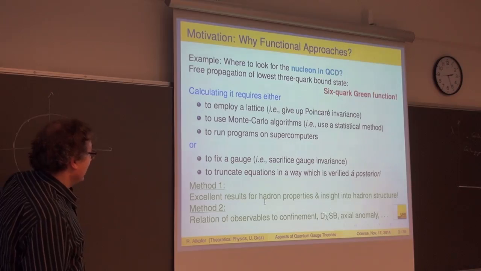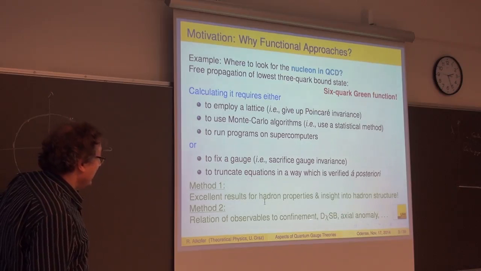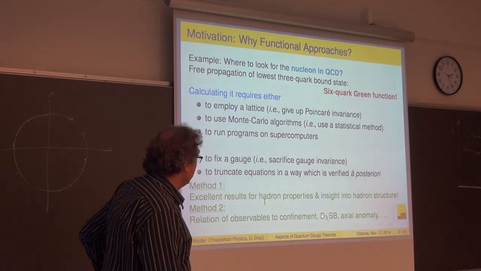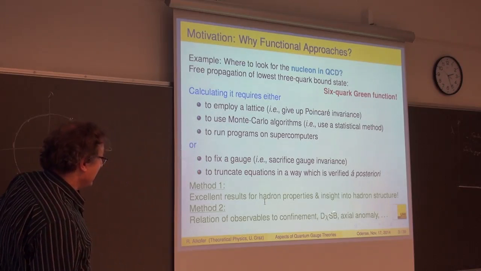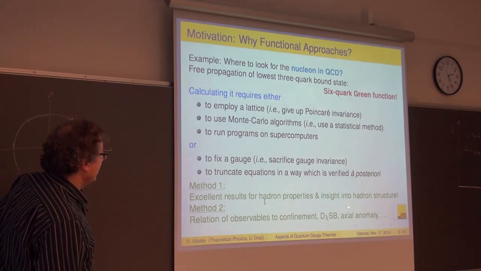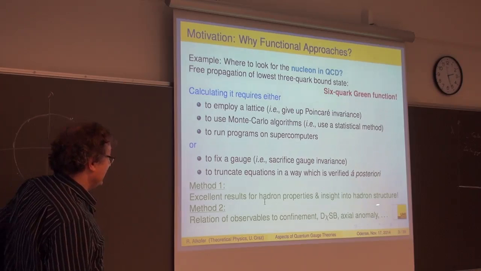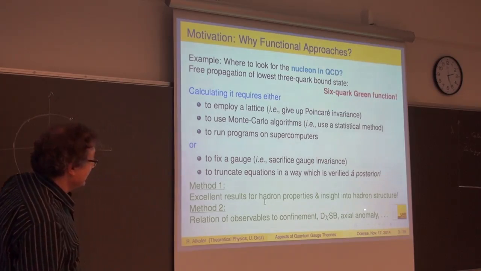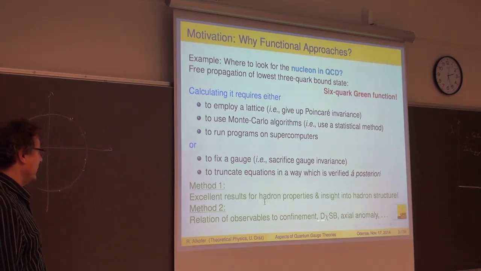You measure on the lattice a quark condensate, but really to find the underlying mechanisms for dynamical chiral symmetry breaking is very hard. The axial anomaly, having different winding numbers on the lattice, is a topic in itself.